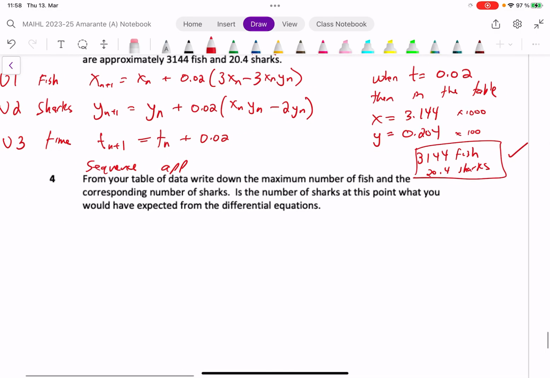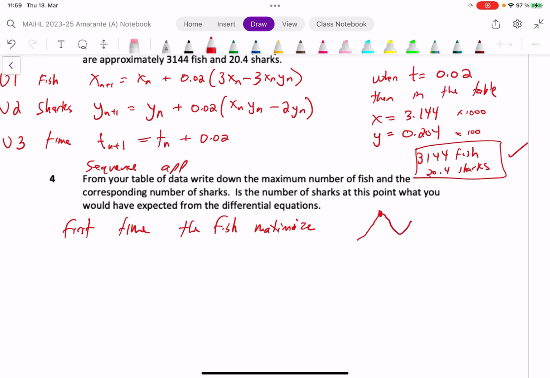Okay, so now it says from your table of data, write down the maximum number of fish and the corresponding number of sharks. So I'm going to go look at my table and find that out. I'm going to look for the first time the fish maximize. Right, so basically they're going to rise to a point, they're going to hit a maximum, and then they're going to start to fall.